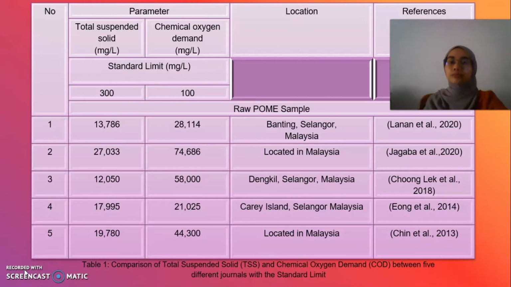44,300. Among the 5 journals and places in the table, the highest value of COD is from certain places in Malaysia, which is the journal by Jagaba. The concentration is 74,686.